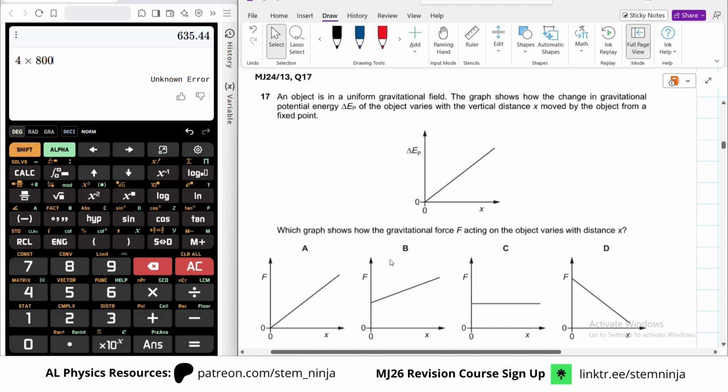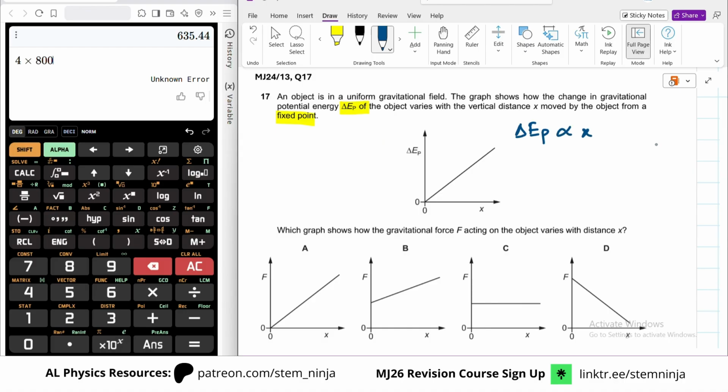Okay. Alright. An object is in a uniform gravitational field. The graph shows how the change in gravitational potential energy EP of the object varies with distance x moved by an object from a fixed point. So this actually tells us that the change in EP is proportional to x.